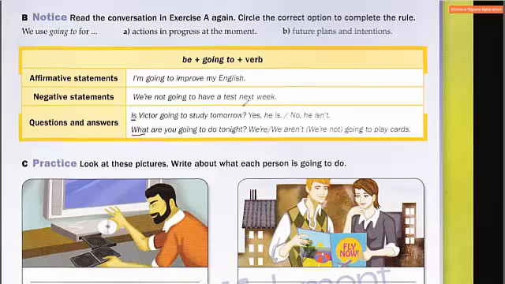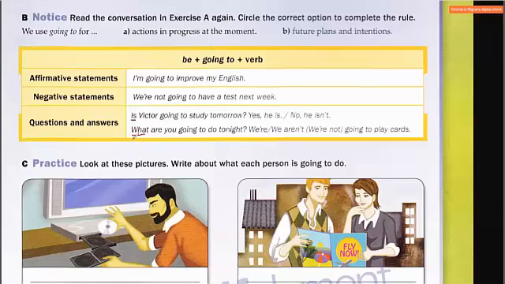Okay, and for the first question, the answer would be yes or no. For example, is Victor going to study tomorrow? Yes, he is. And the negative answer will be no, he isn't. Okay?